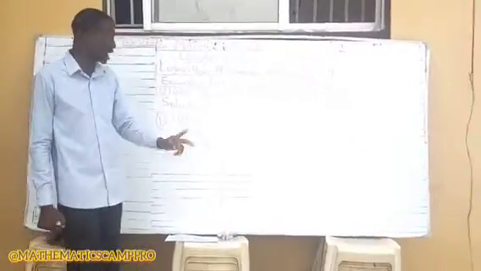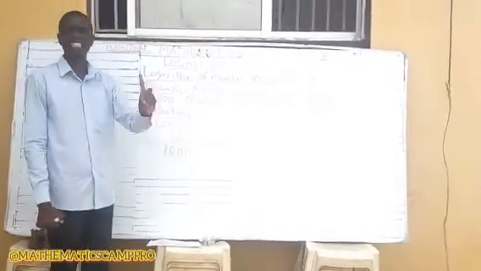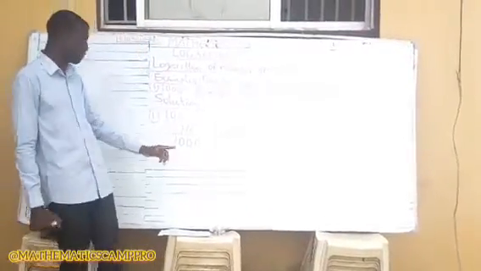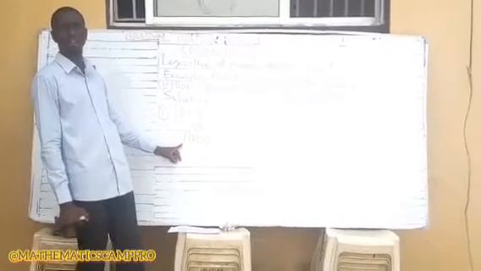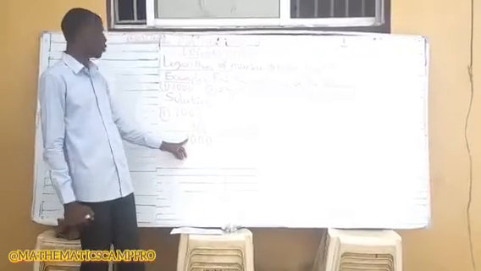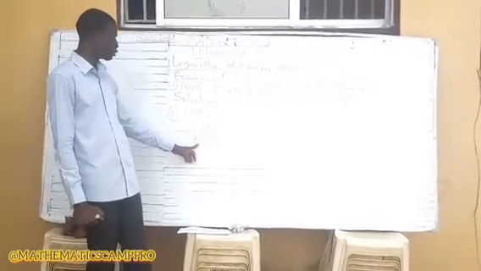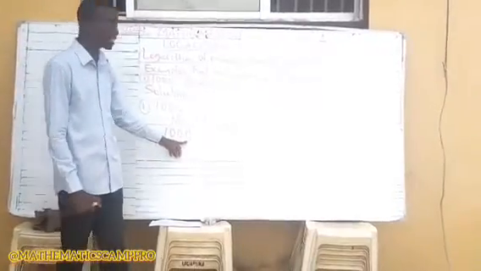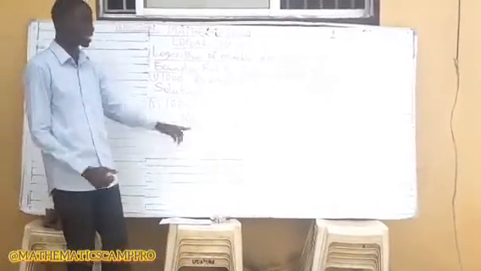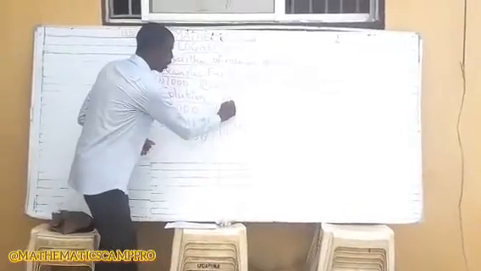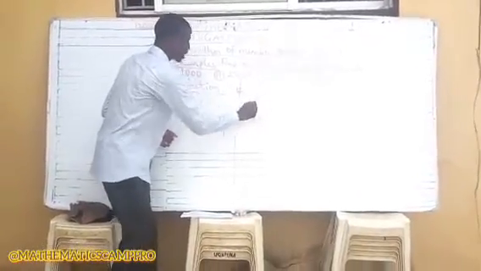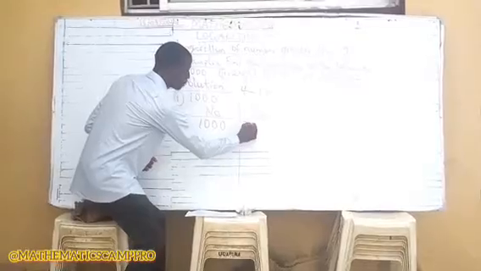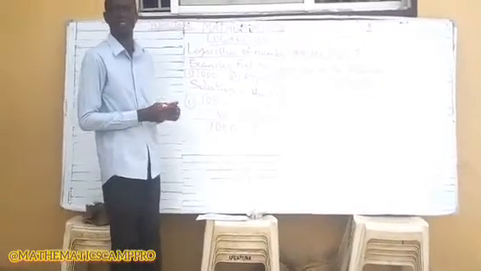It's either you count the number of digits and deduct one from it. How many digits do we have here? Viewers at home, you can send your comment. We have 4 digits: 1, 2, 3, 4. And the characteristics is going to be 4 minus 1, which is 3. Our characteristics is going to be 3 point.